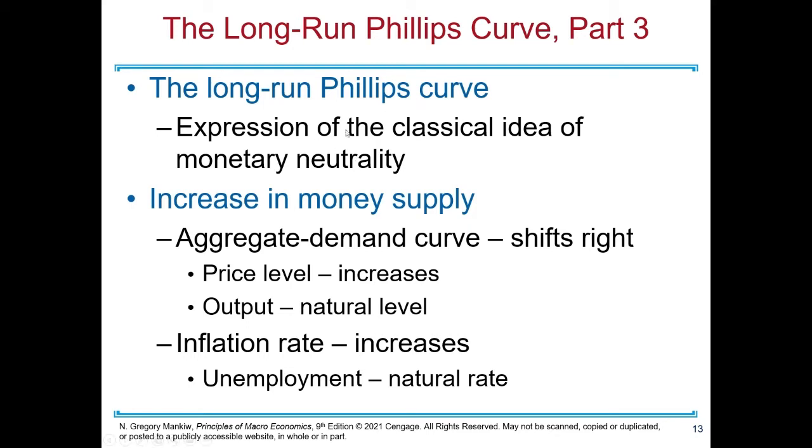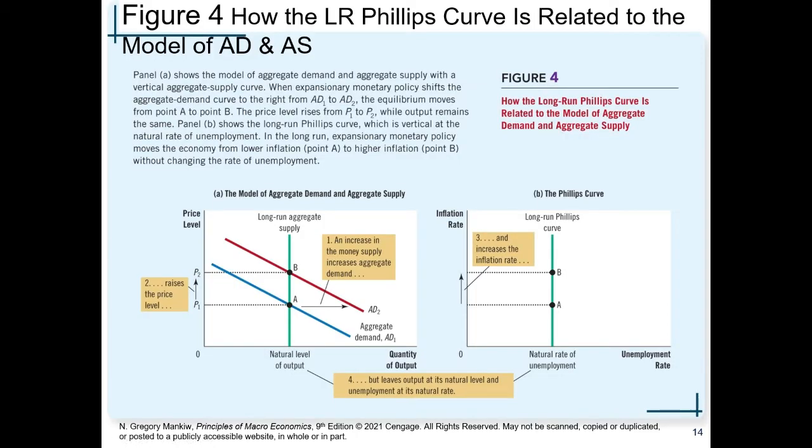The long-run Phillips curve is an expression of the classical idea of monetary neutrality. This is what I was just discussing. So, figure 4 shows the relationship between the money supply shifting and the Phillips curve.